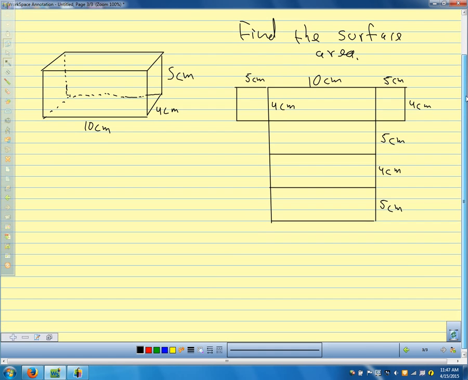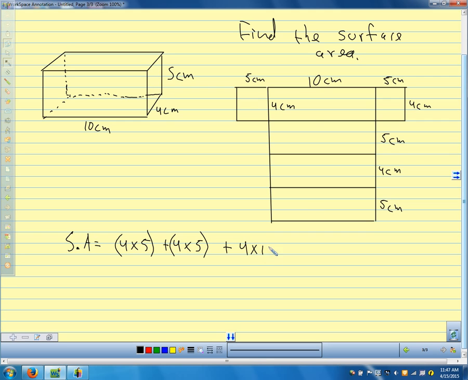And to find the surface area, we're just going to add up the areas of all these rectangles. So the surface area, I'm going to use SA for surface area, equals, well, I have 2 of these pieces on the end, so I'm going to say 4 times 5 plus 4 times 5. Plus, and then we have these 4 pieces.